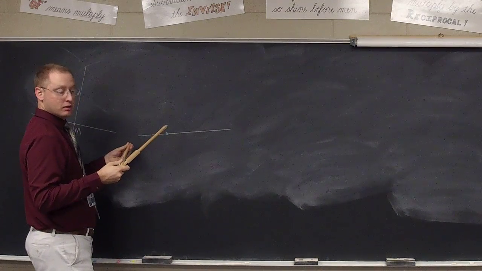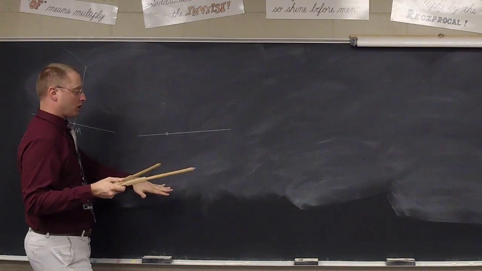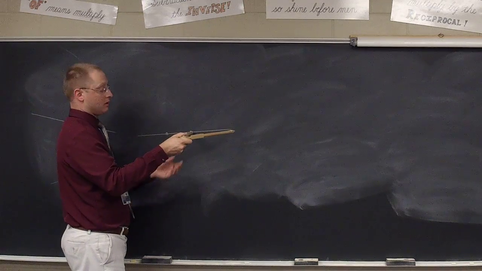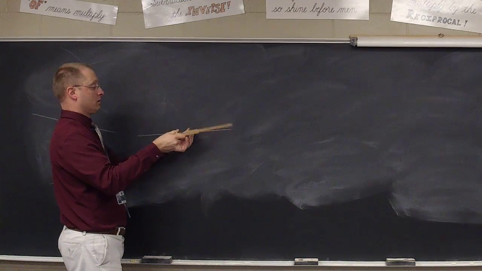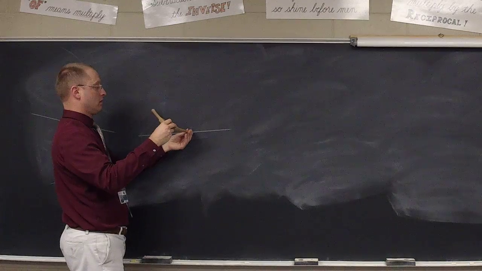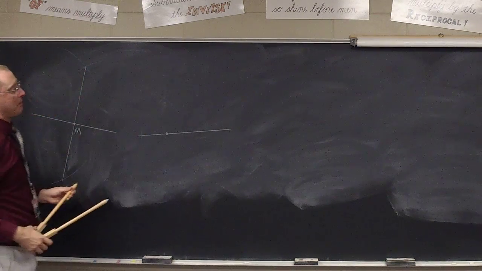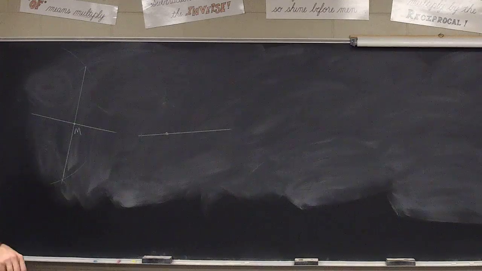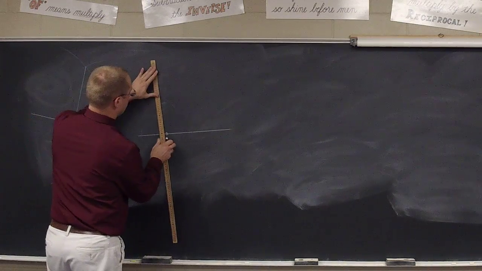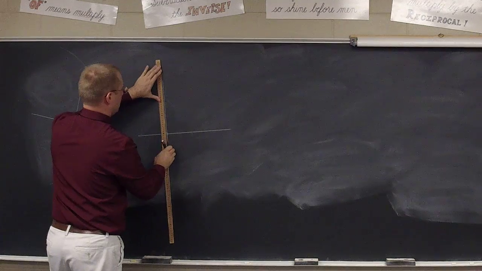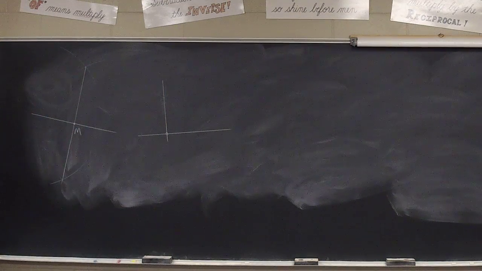And then go to the other point. Good. We don't need the mark below, though it's not wrong to, but go to the other side. And then turn your compass and then make another arc. Good. Again, this time both of these marks need to be open the same amount, and then we just connect the dots. And there's our perpendicular.